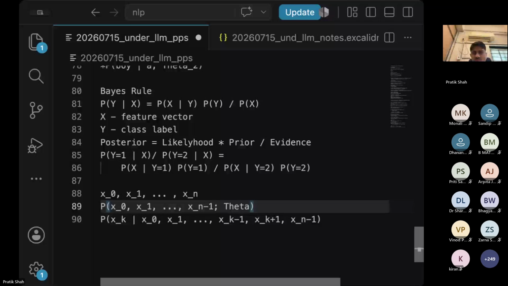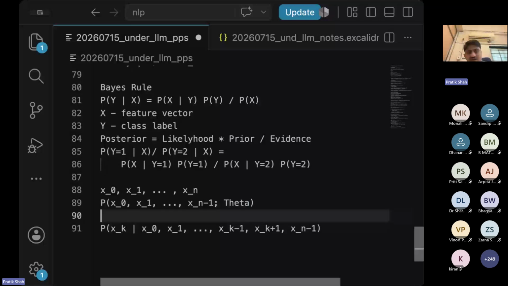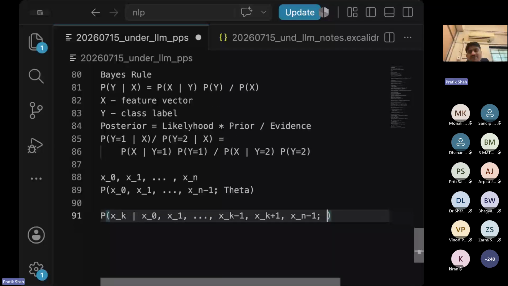From this, I can find out these conditional probabilities. So for any missing word, I can find out the probability of which word is most likely, and so I can correct the sentences also. Same way I can correct the spellings of a misspelled word also.